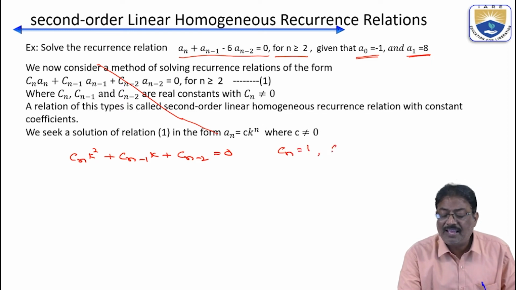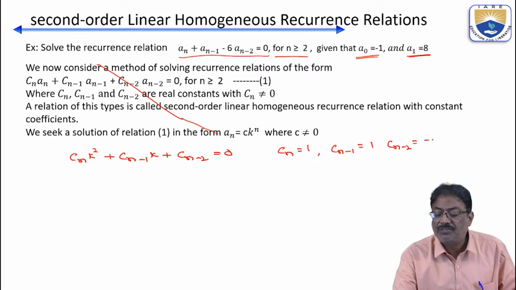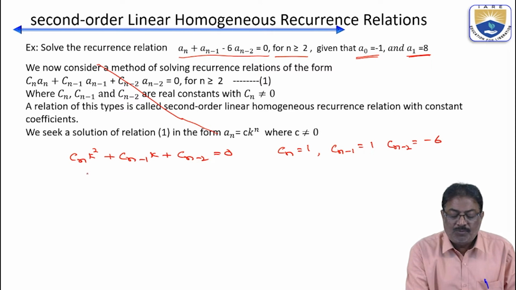What is C_(n-2)? It is the coefficient of a_(n-2), which is minus 6. Just substitute this: 1 into k square, plus 1 into k, minus 6 equals 0.